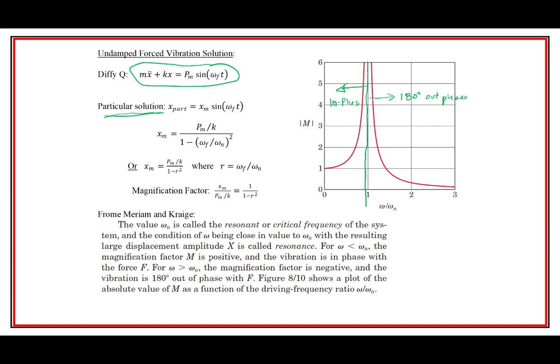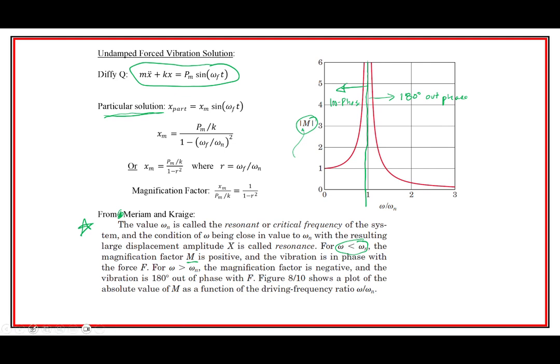So let's actually see this from Meriam and Craig. It says for to the left, any omegas that are less than the natural frequency, this is a positive value. This magnitude right here is positive. And you even see it in this one right here. Not like in others, they put an absolute value on top of that.